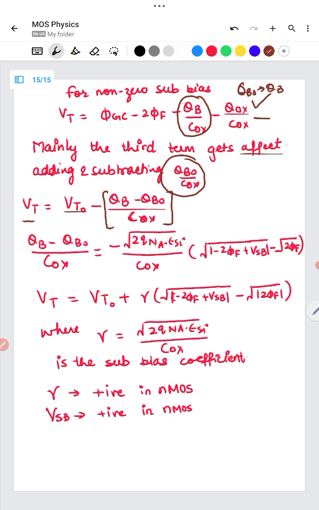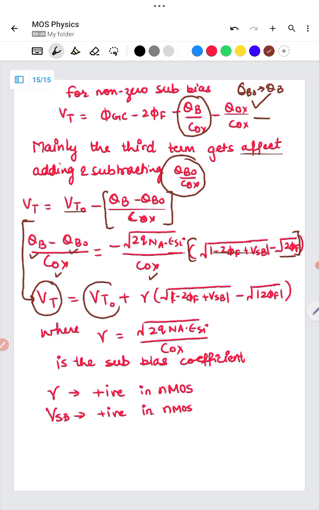If you separately solve this, QB minus QB naught divided by Cox, you will get minus square root of 2q Na epsilon Si divided by Cox, times the bracket: square root of (minus 2 phi F plus VSB) minus square root of (minus 2 phi F). So finally you can write the threshold voltage with respect to the substrate body bias.